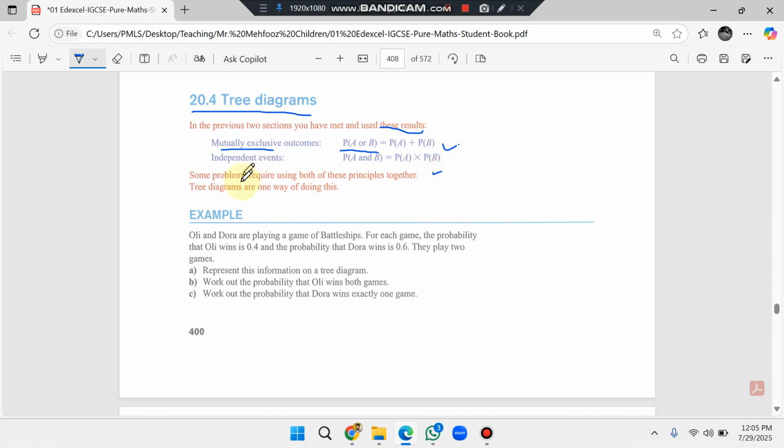Some problems require using both of these principles together. Tree diagrams are one way of doing this. So in this topic we deal with the tree diagram, and tree diagrams are very important when we solve problems involving probability.